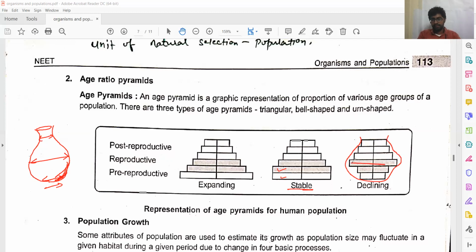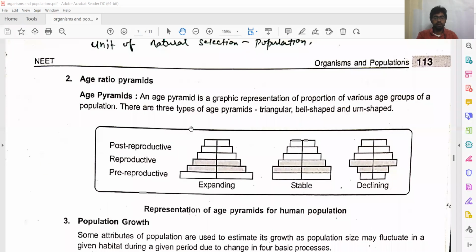Now, this is reproductive age group, and what you see is pre-reproductive age group is lesser, means two people giving rise to one offspring. So what you can expect in the next 10 years, that these smaller offsprings will be converting into reproductive age groups after 10 years, and this will lead to a smaller population of reproductive people than it was in the previous time frame. So this is an example of declining population.